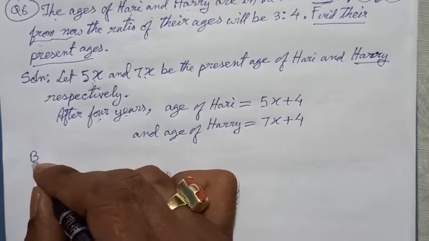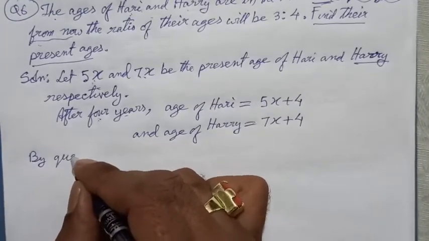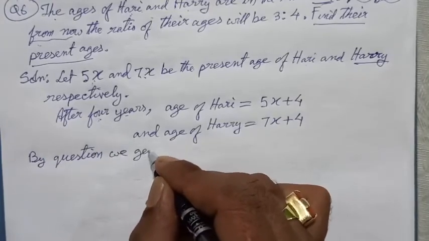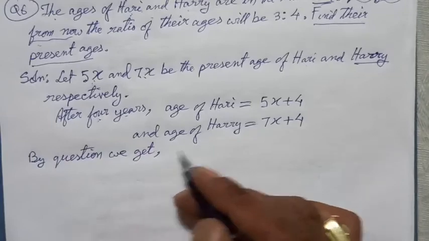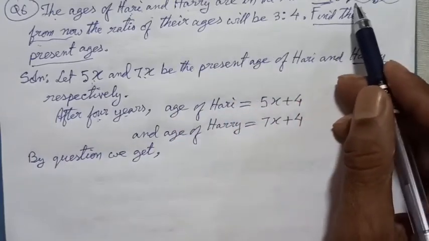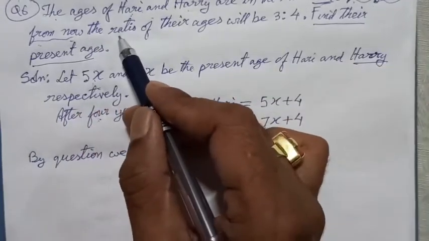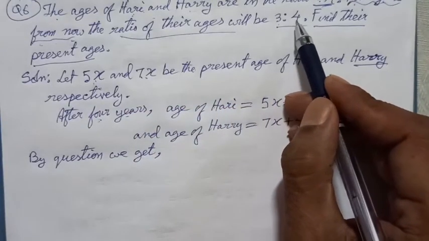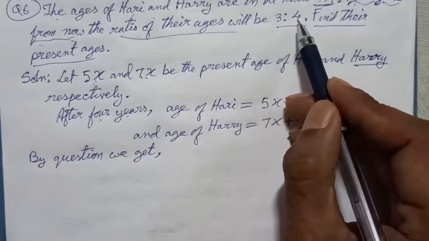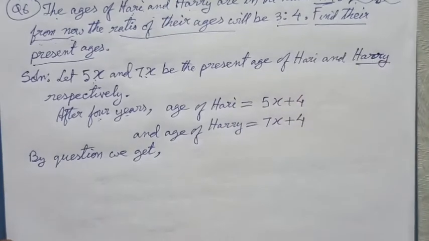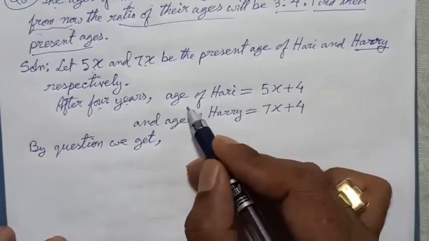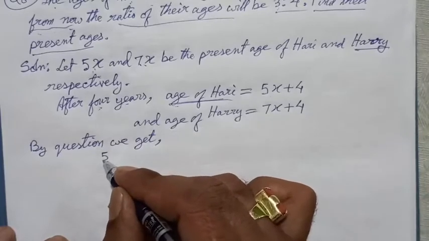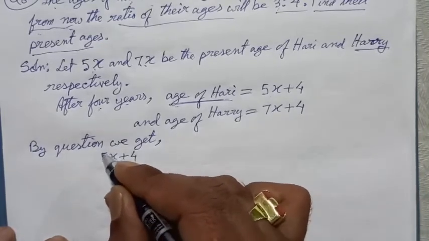Now next, by quotient we get. In the question, it is given that 4 years from now, the ratio of their age will be 3:4. 3 is for Harry and 4 is for Harry. So, age of Harry is this, 5x plus 4.